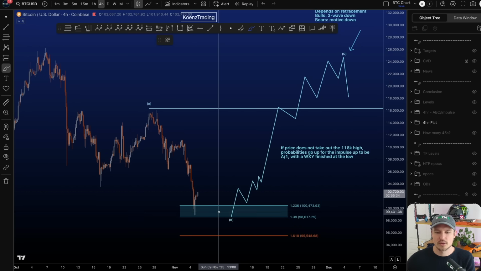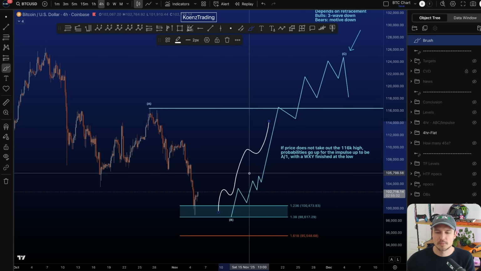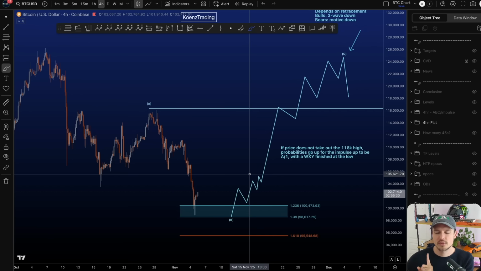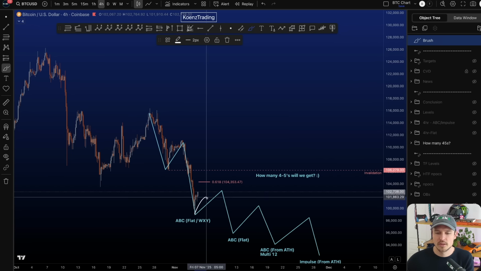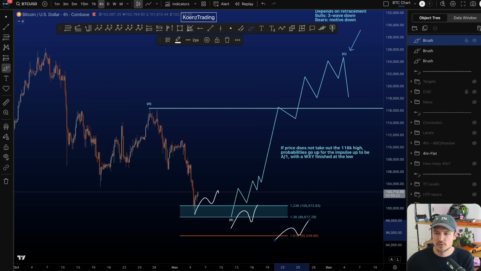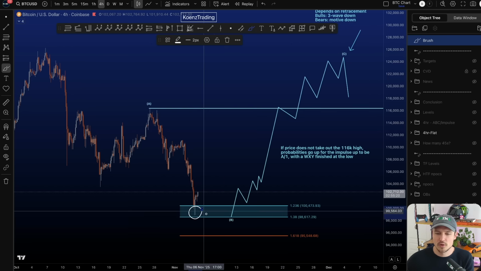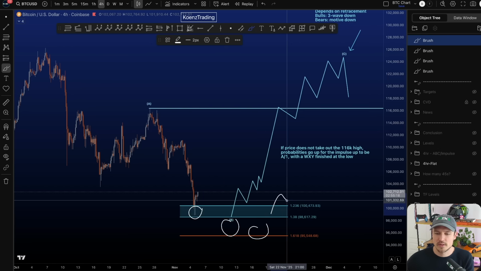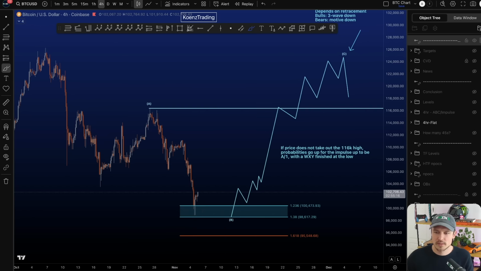Now, in this scenario, you want price to move towards the upside in 5-wave structures, which is a big difference with the wave 4s, as the wave 4s should be 3-wave structures. However, the bulls like to see a low formed, and they like to see a 5-wave move towards the upside.